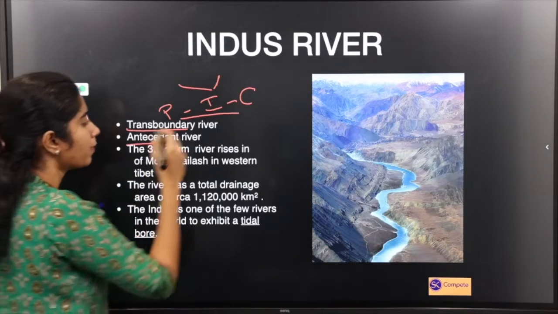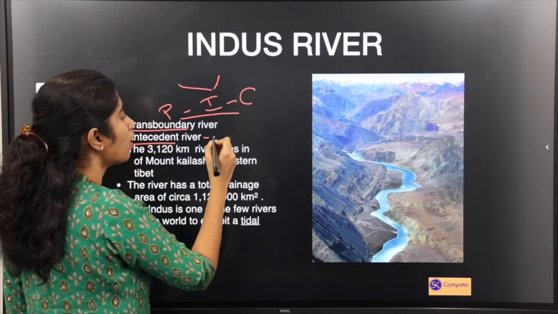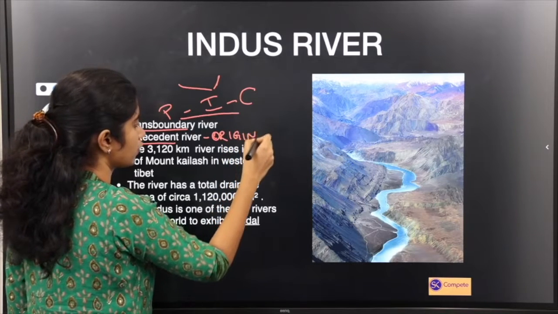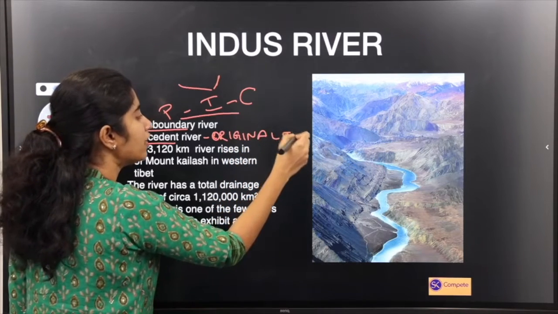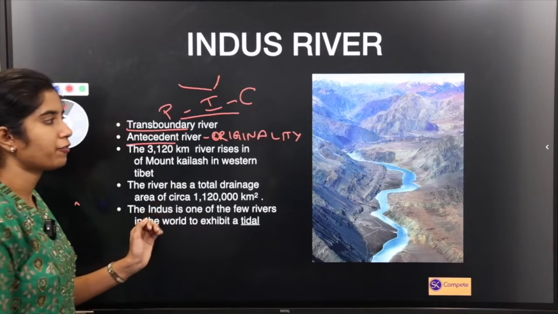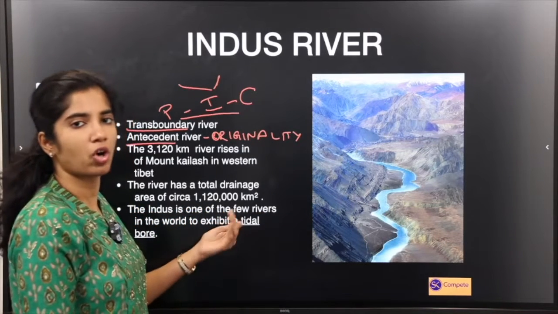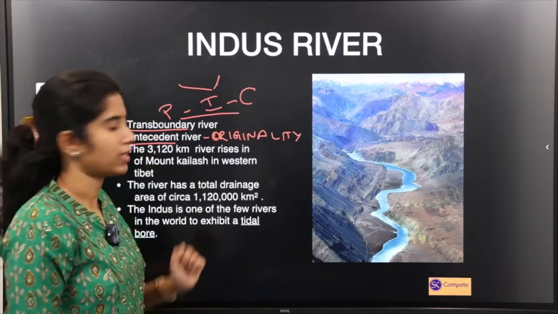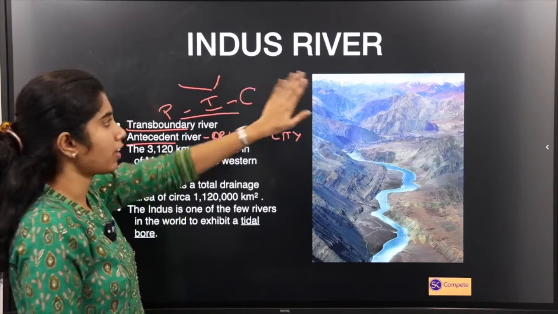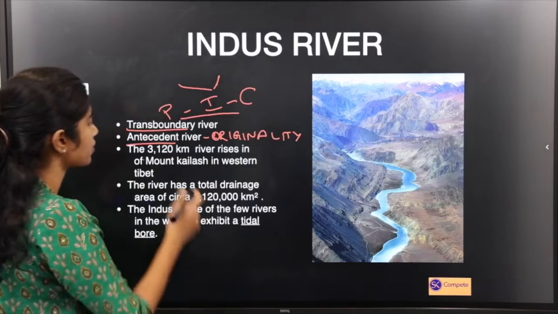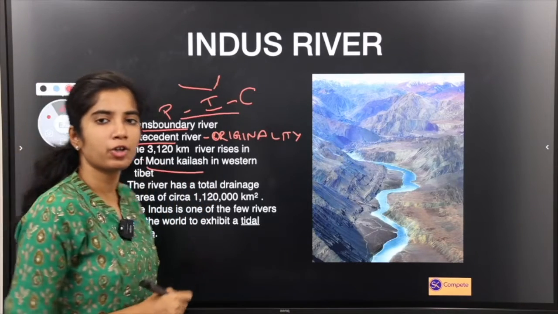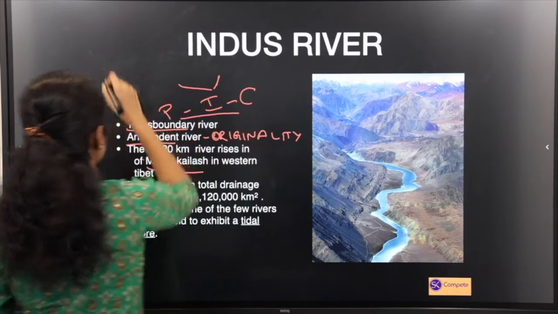An antecedent river is a river maintaining its original path. Even though the underlying topography undergoes some geological changes, the river has not changed its course. That is antecedent. In this case, the Indus River, as we have seen, originates near Mount Kailash. So what is the underlying topography here? That is the Himalayas.